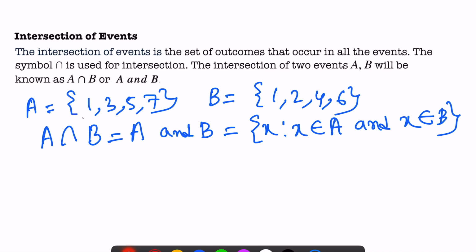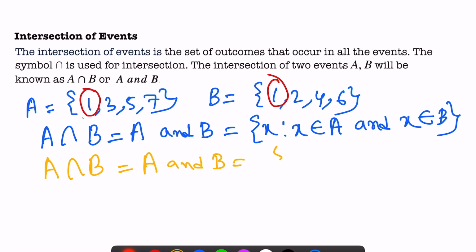And here I see only 1 is present in both A and B. So A intersection B, or A and B, will be only the element 1.